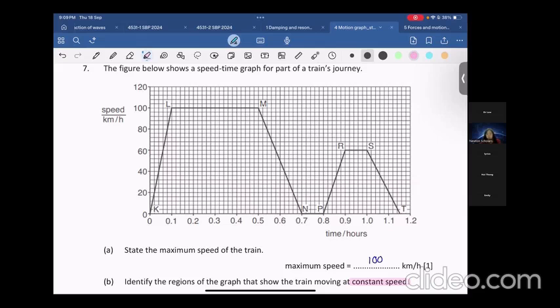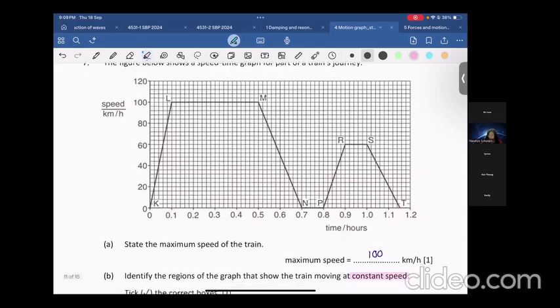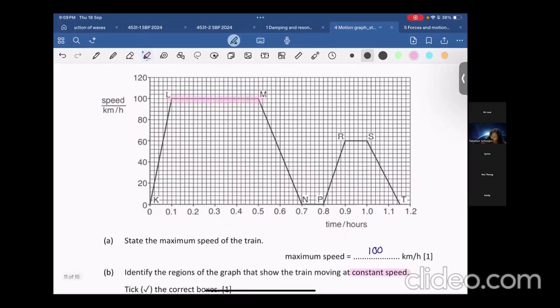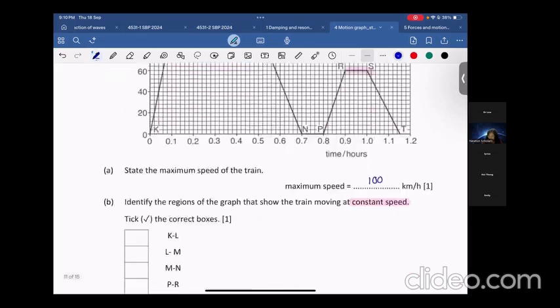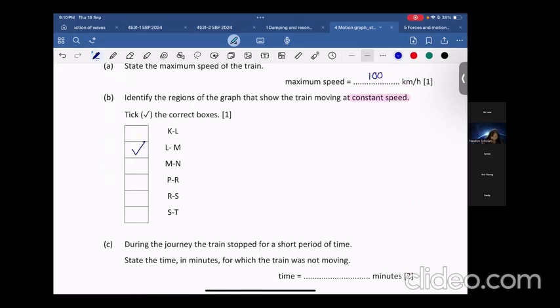Shuan correct. Good job. Okay, boys and girls, this area is constant speed. LM and RS, they got speed 100 kilometer per hour and 60 kilometer per hour. That means they're moving with constant speed.